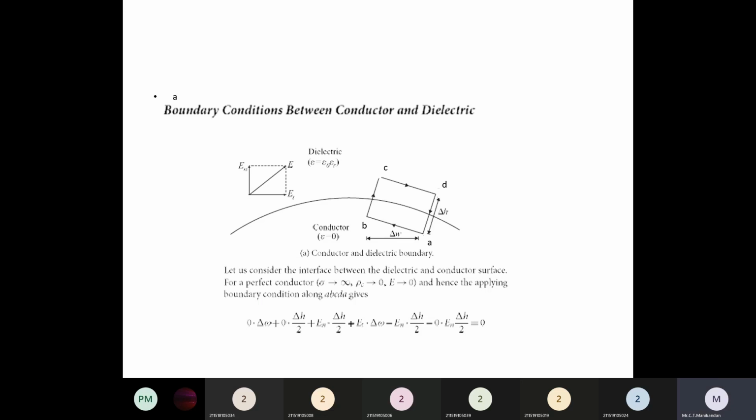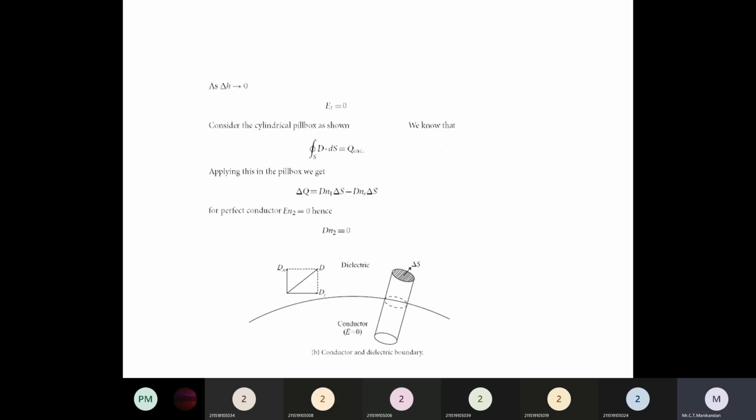You will not have an electrostatic field within it, as you can see in the diagram. In a conductor Et equals 0, whereas in a dielectric we will have an Et value. Very important concept: when you place a conductor and a dielectric, the tangential component of electric field is 0.